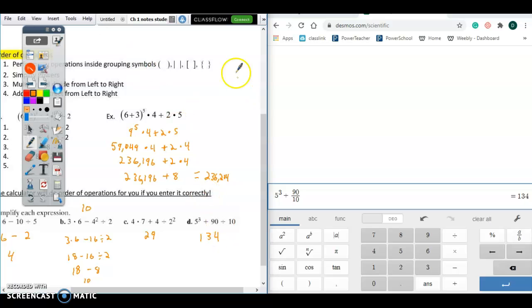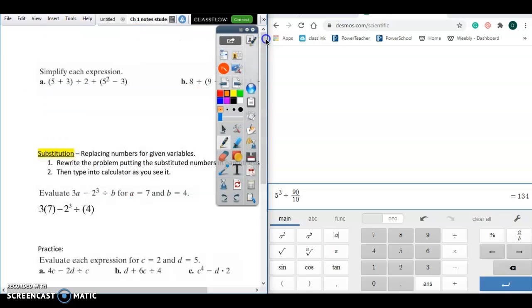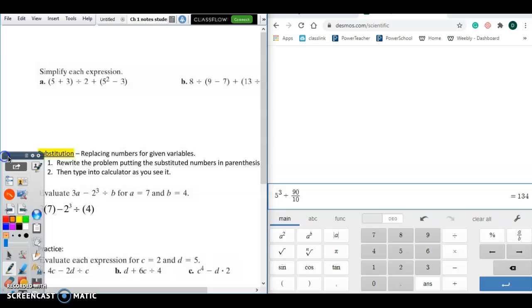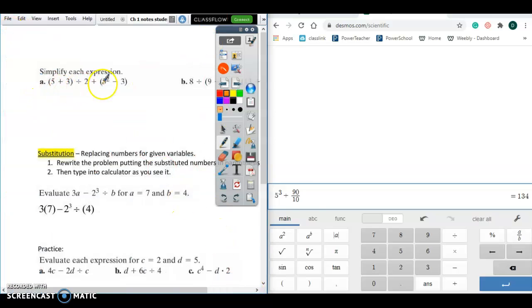All right, so again, on the next page of your notes, there are 2 more problems that we are going to practice. So now we have some parentheses in here. So let's see how we do with that. Over here, I'm going to use these parentheses buttons.